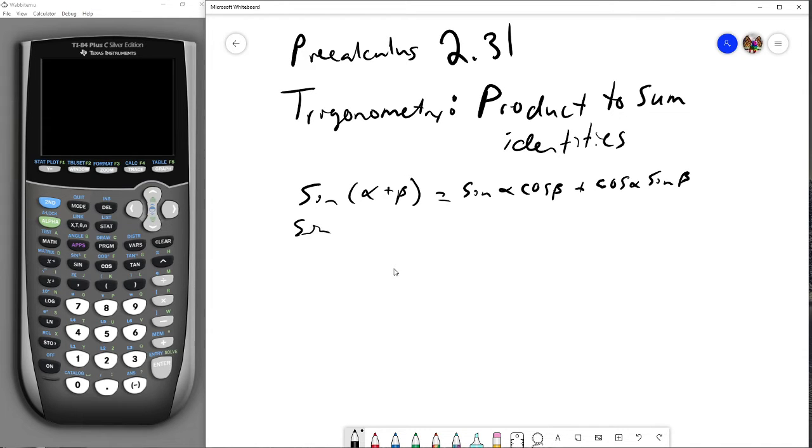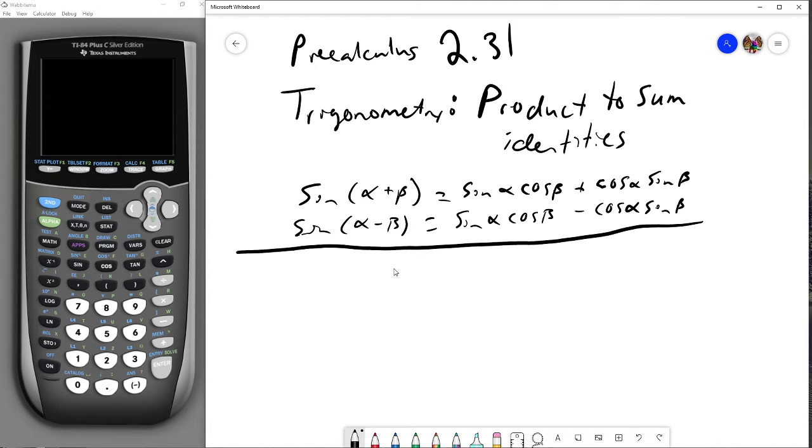And similarly, sine of alpha minus beta is equal to sine alpha cosine beta minus cosine alpha sine beta. Now, what we're going to do is actually just add these two equations together.